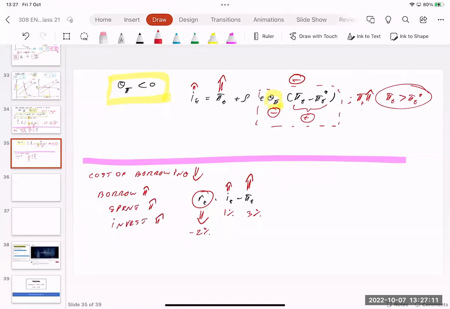When everyone spends more and invests more, goods and services in the economy become more expensive. Inflation is going to go up, and it can create what we call hyperinflation. Everything is going to be super expensive in the economy. So the central bank will not solve the inflation problem if they let theta pi be less than 0.